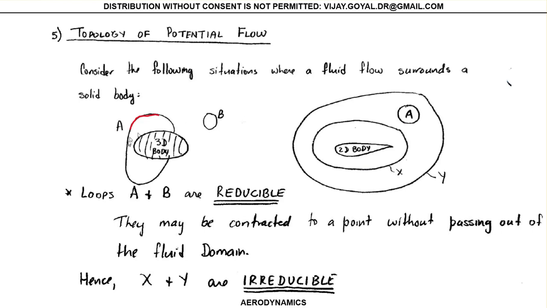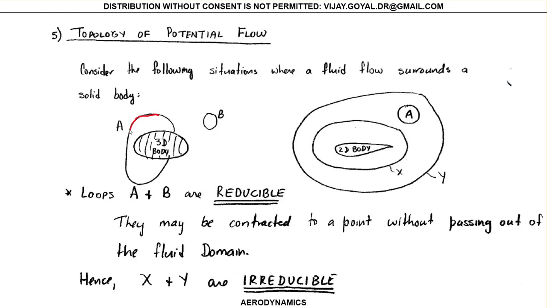I have a loop A and I have a loop B. Now, if you think about this, these two loops can reduce themselves. I can make them smaller and smaller until they become a point. If this loop can become a point, contracted without passing through the solid body, then that's called a reducible loop. That loop is reducible.